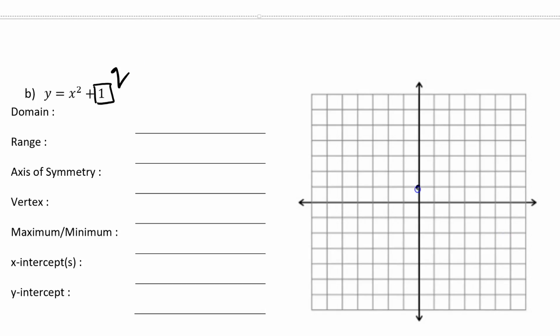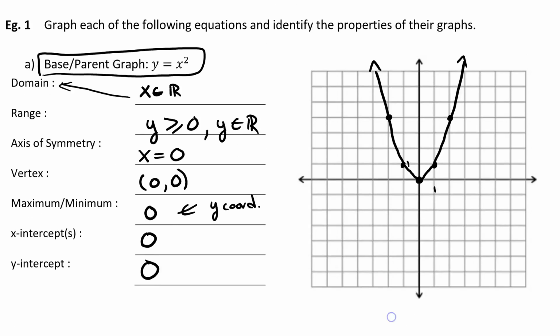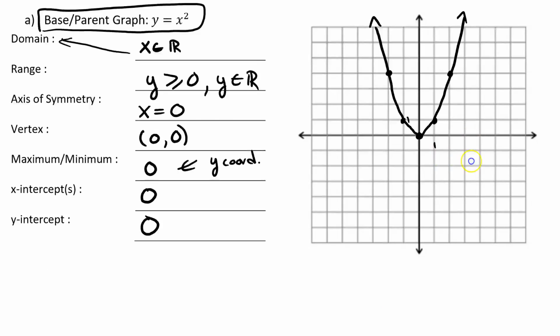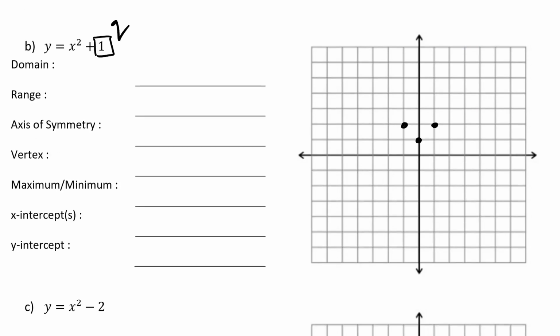So I'm going to graph it the exact same way, only move it up 1. So instead of at 0, 0, I'm at 0, 1. And now I know that I go from here and I go over 1, up 1, over 1, up 1. Just like with my parent function, I would go over 1, up 1. There's no stretch factor, so we can do that.